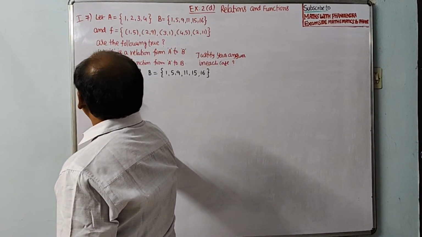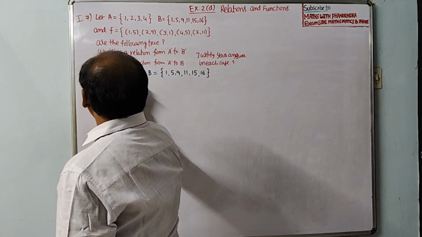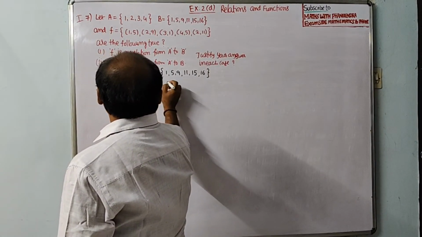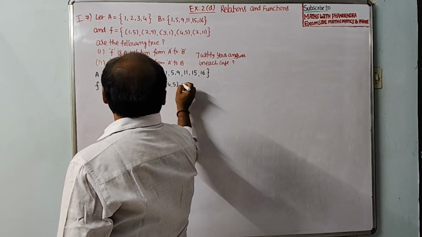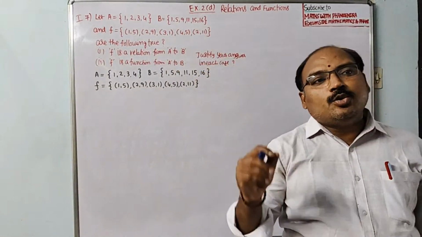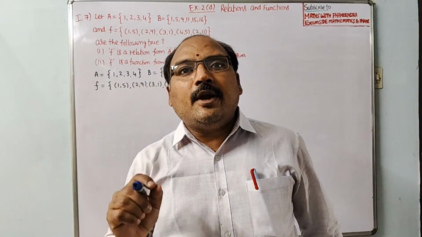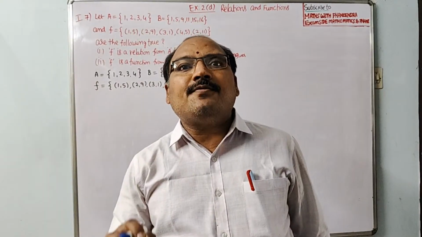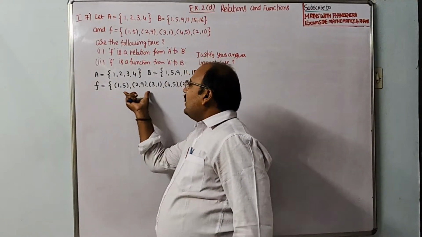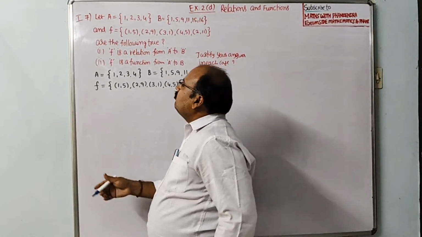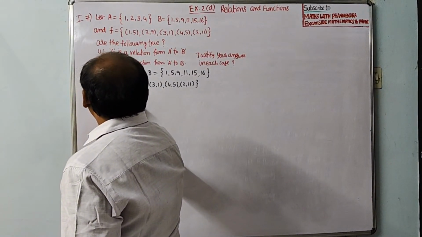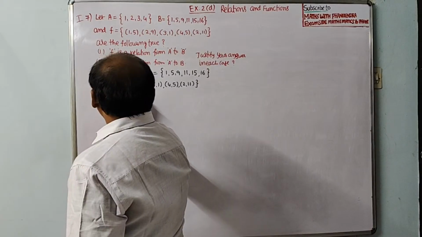And given relation F equal to ordered pairs (1, 5), (2, 9), (3, 1), (4, 5), (2, 11). You know that any relation is a subset of A cross B, the Cartesian product of two sets. Compulsorily, it is a subset. So F is a relation from A to B.